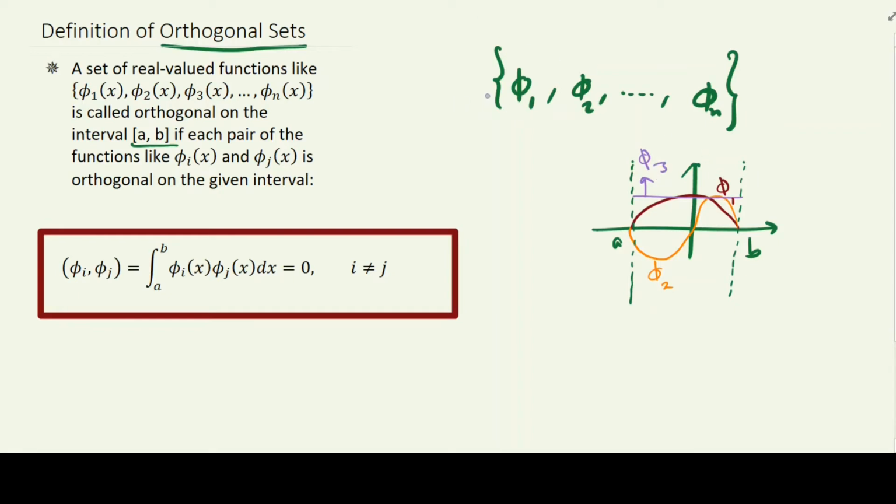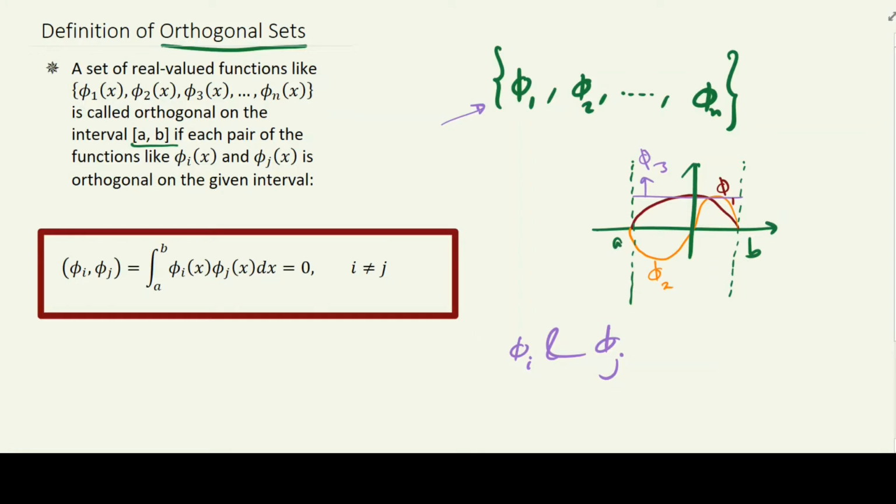Now for this set of functions to be orthogonal, we need any given pair of functions that you pick to be orthogonal. That means that, for example, if you pick phi i and phi j, those two functions need to be orthogonal on the interval a to b.